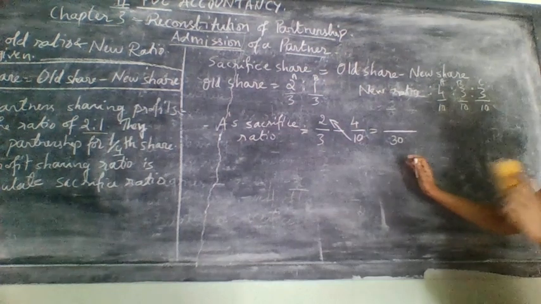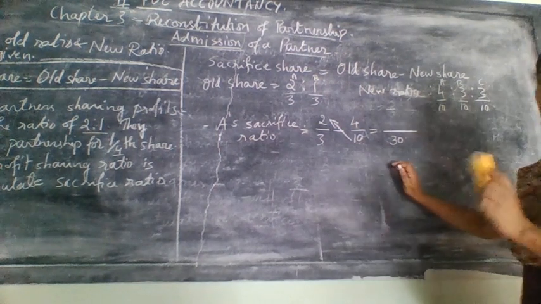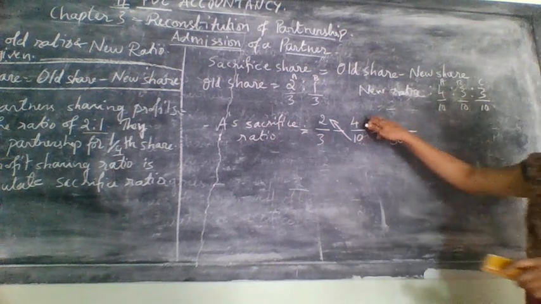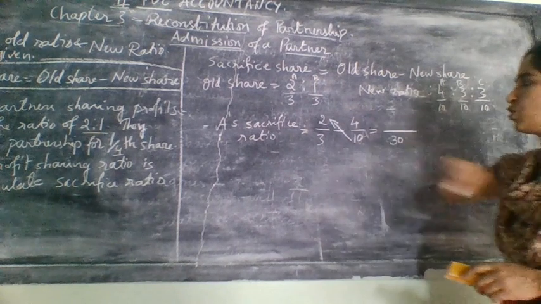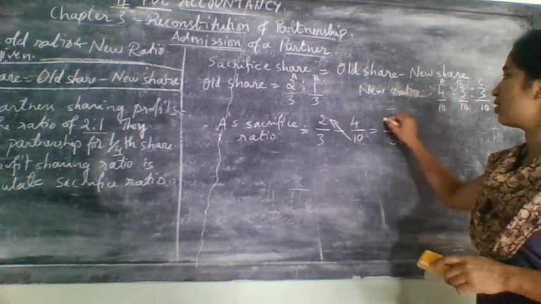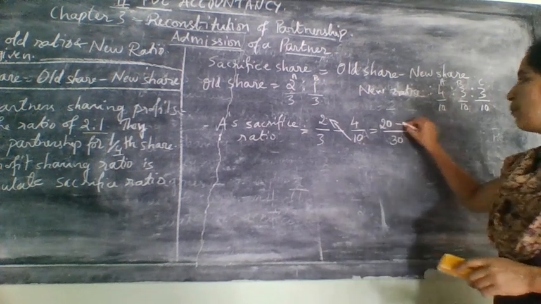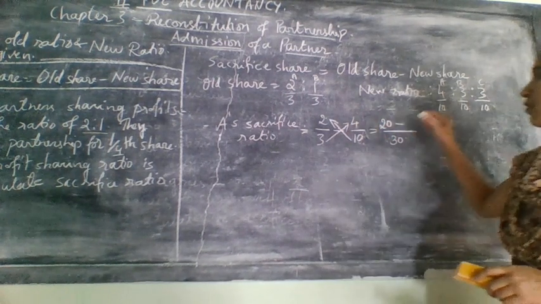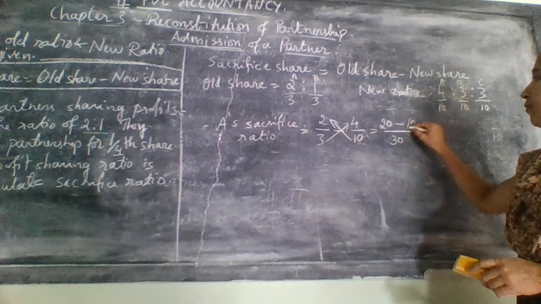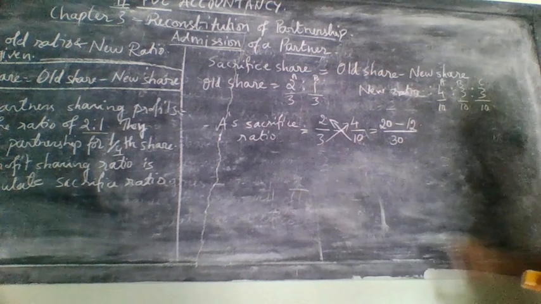Remember, right to left will be the first one. Next you need to write left to right. That's why I have made a mark here. So first multiply these two. 10 twos are how much? 20 minus, now 3 fours are how much? 12. Correct?